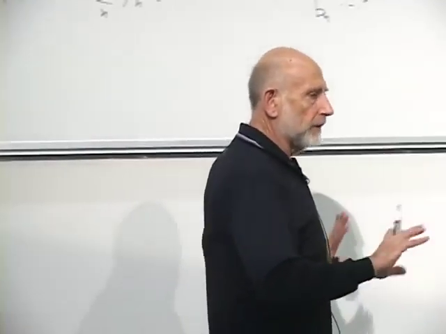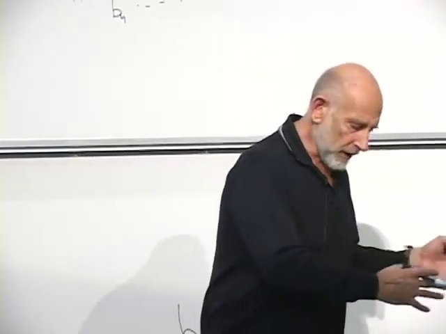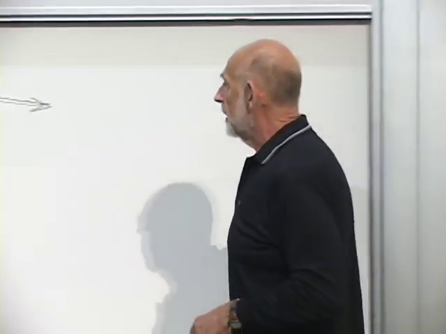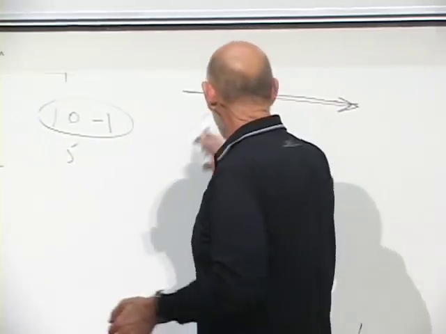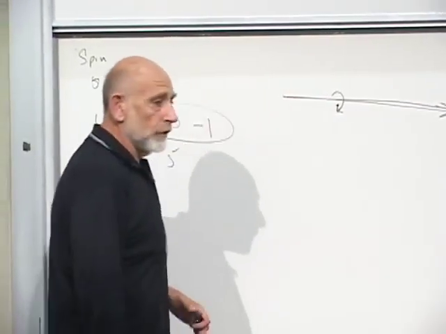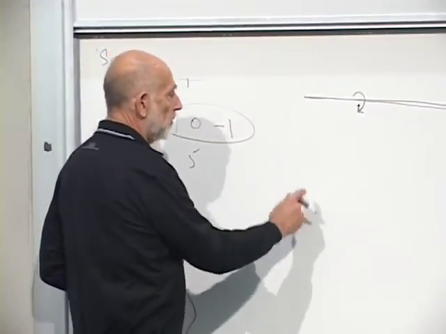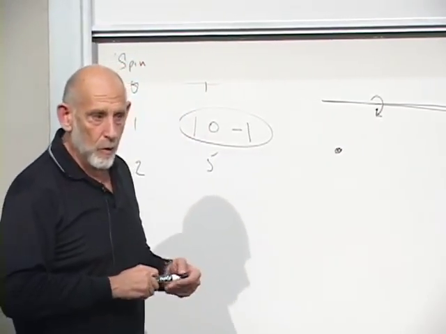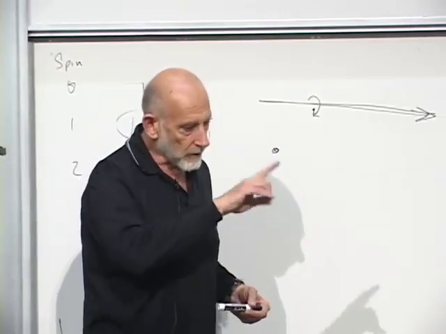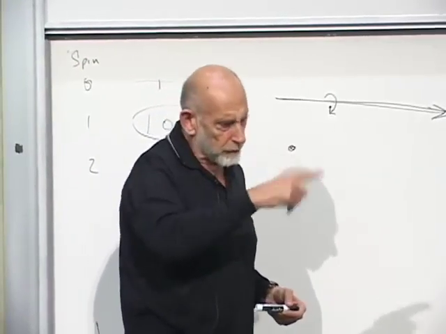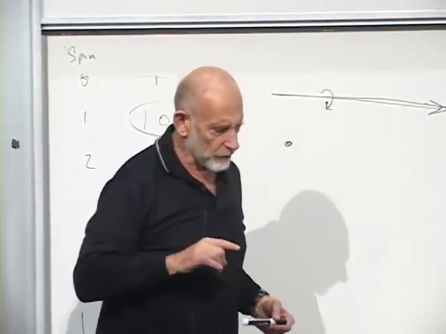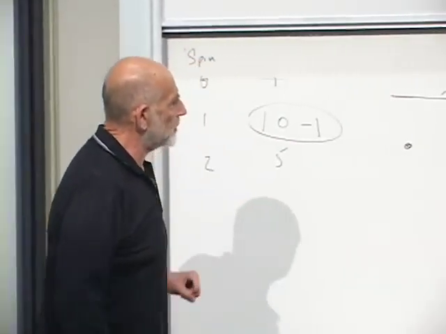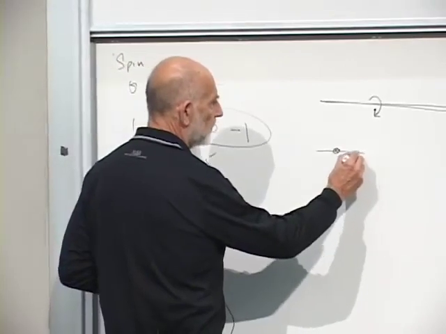It's not moving with the speed of light, it's got a mass. You keep up with it and you look at the particle, and the particle's at rest. Moving along with it doesn't change its spin. If it's rotating this way and going down that axis, and you keep up with it, it will still be rotating that way. So it still has spin 1 along this axis.